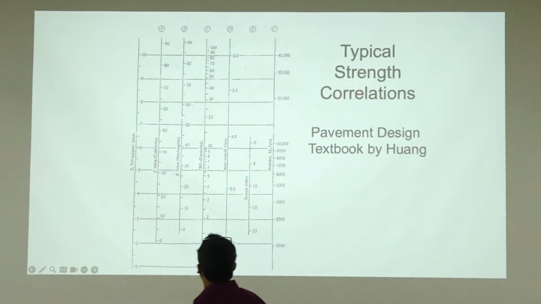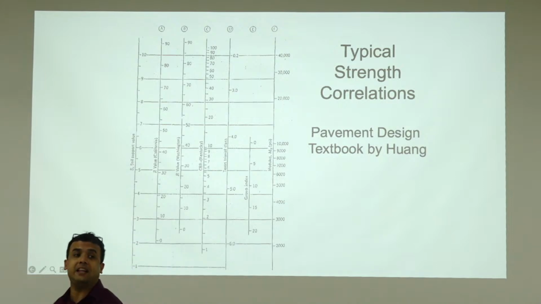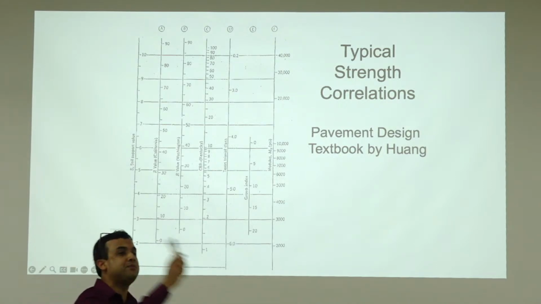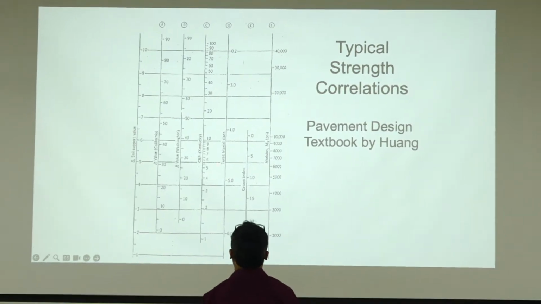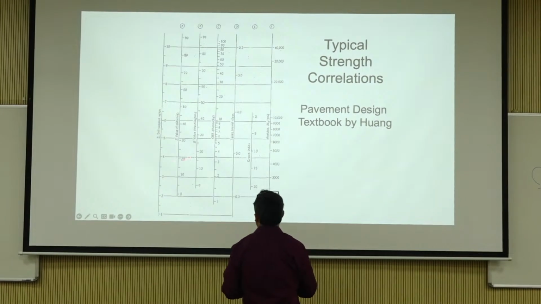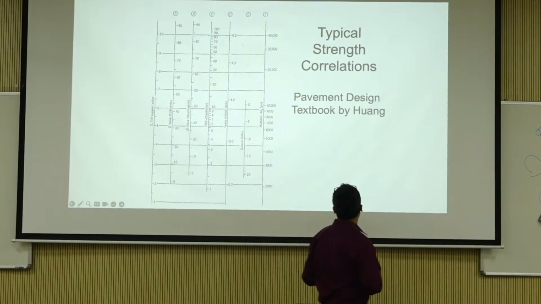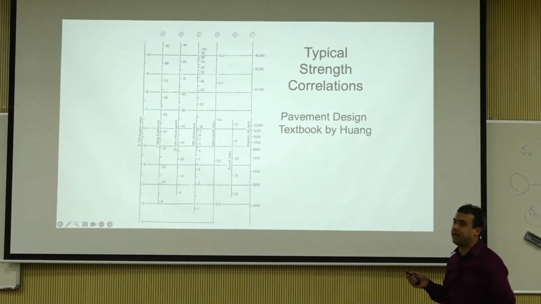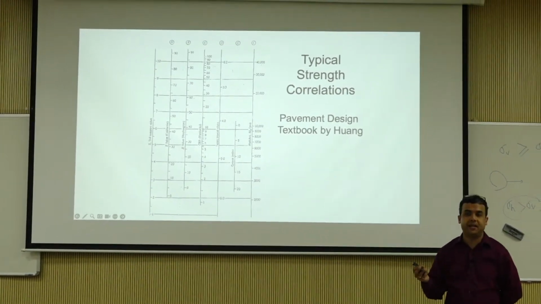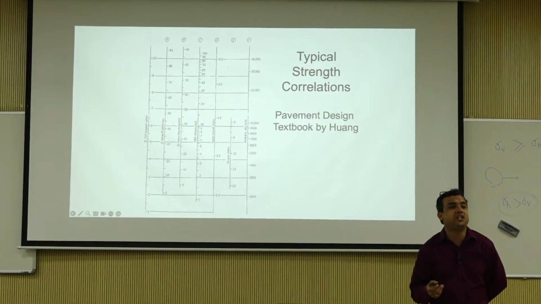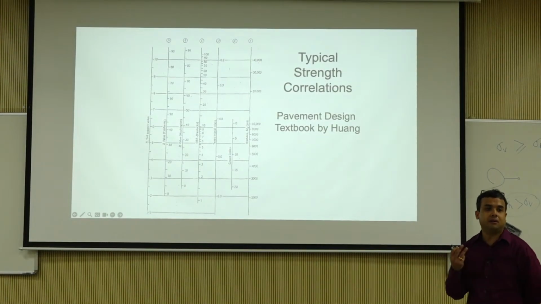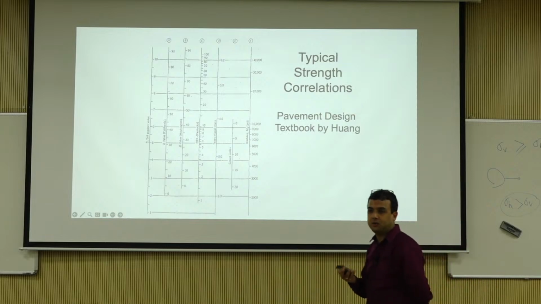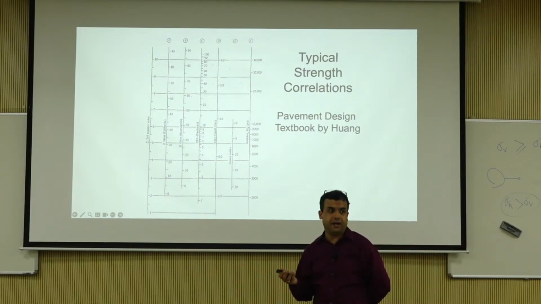Typical strength correlations, there are so many different strength values like CBR, there is beam stabilometer, there is DCP which we haven't gone into yet, there is Texas triaxial, there is unconfined compressive. People have developed empirical relations and stuff. Now how much you use it, again it all depends on what situation you are faced with, right?